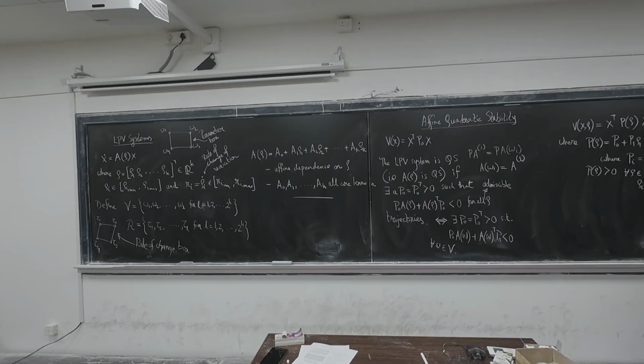Suppose rho 1 has a range of 1 to 2. During the experiment you can find its value, maybe 1.5, 1.6, but within a trial it should not vary. That is the difference between time invariant and time varying.